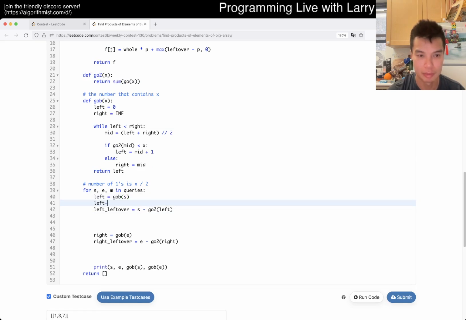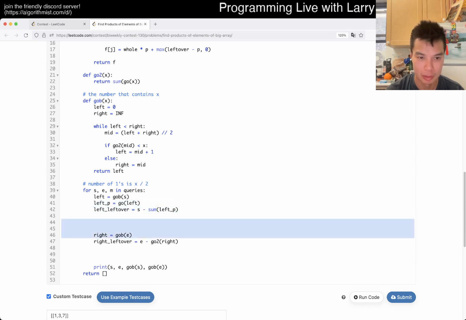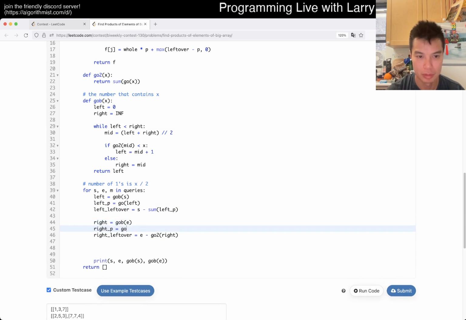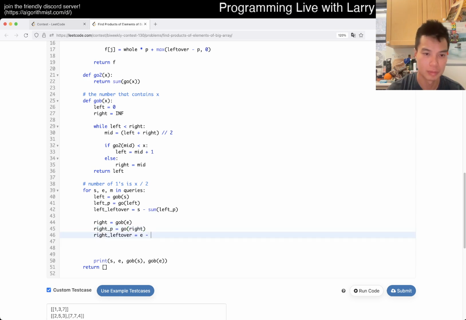Okay, left sum is equal to this. And then, oh. Yeah, okay. Maybe this is like P for parts. So then now we have left.